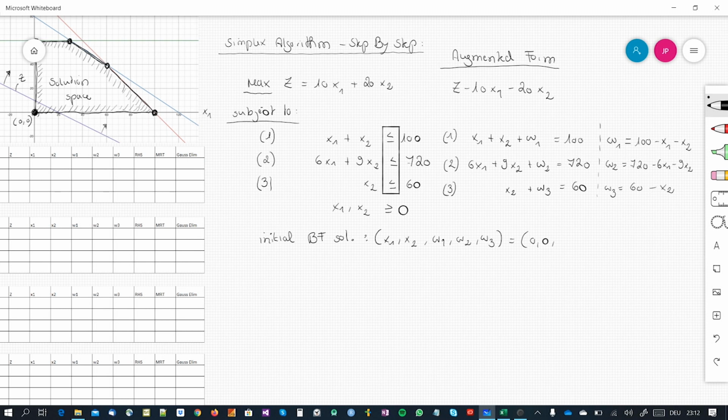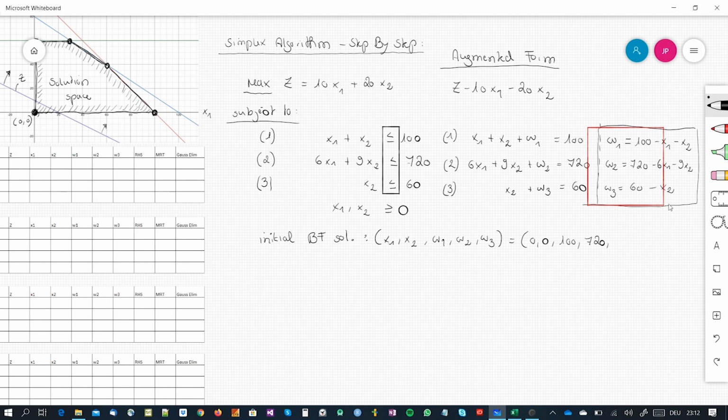And then I can read directly from what I have just written here for the slack variables. I can directly read it from the board, because if we set our decision variables to 0, then we can read the values of the slack variables directly from this board. And they are given by the right-hand side, which is 100, 720, and 60.